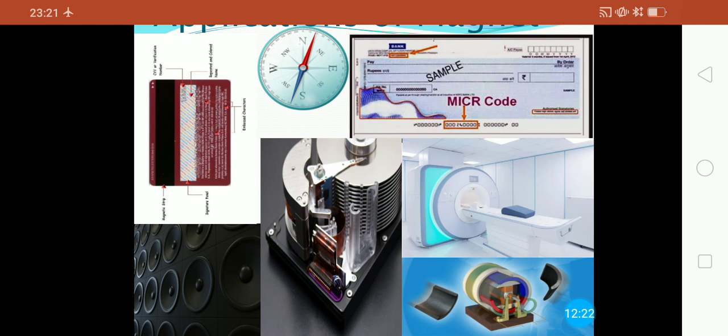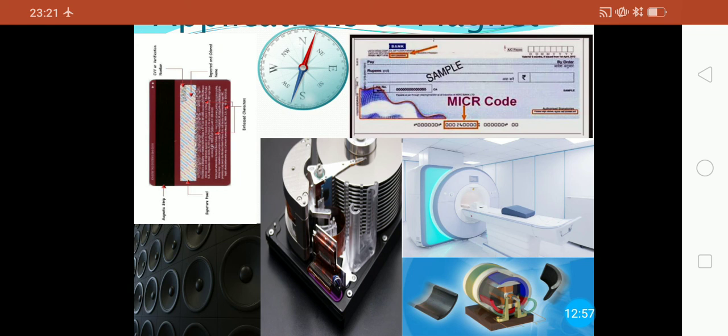Magnets are also used in the compass needle to indicate direction. Magnets are also used in the form of magnetic ink, known as MICR code, that is magnetic ink character recognition code, which is used in valuable documents.